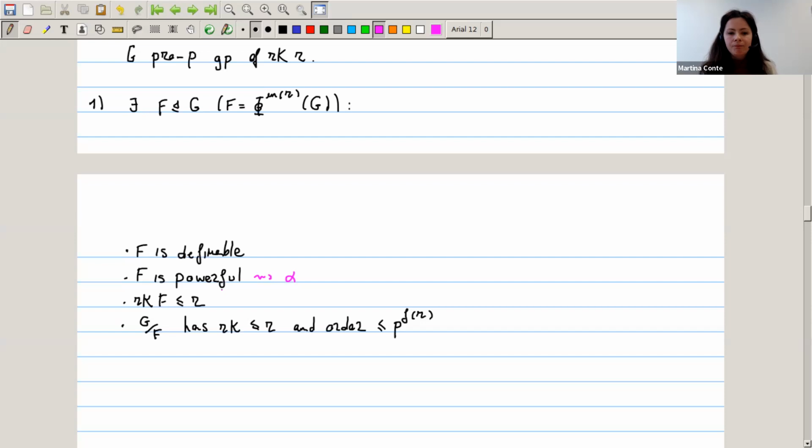Because, as I said, the commutator subgroup is definable, and we just have to say that this commutator is contained in G to the P.